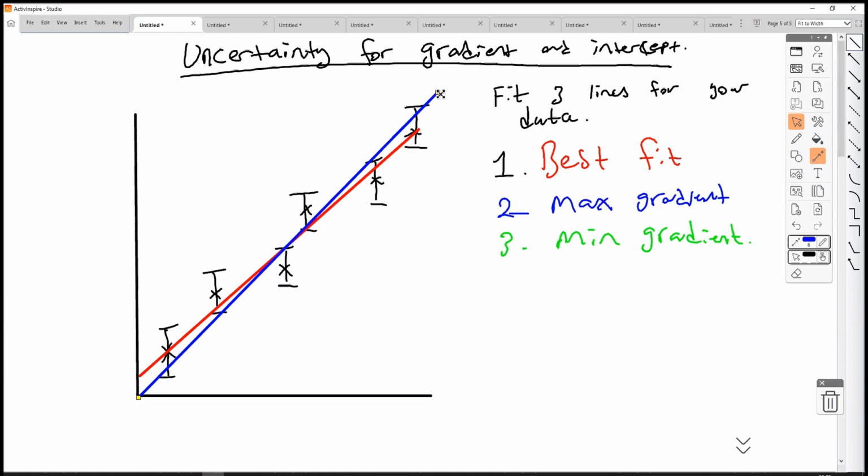Your minimum gradient then is going to go through the highest error bar of the lowest data point, and the lowest error bar of the highest data point, while also going through every other error bar that exists. So now we'll do a minimum gradient.